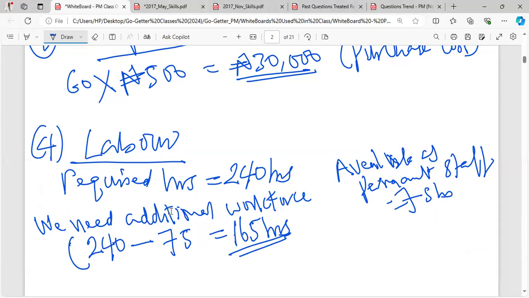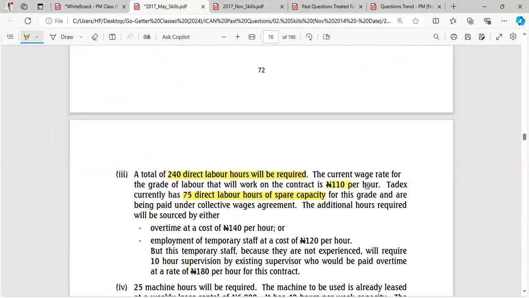We are supposed to be paying them 110 naira per hour. Now, additional hours will be sourced either by overtime, at 140 naira per hour, or we engage temporary staff at 120 per hour.